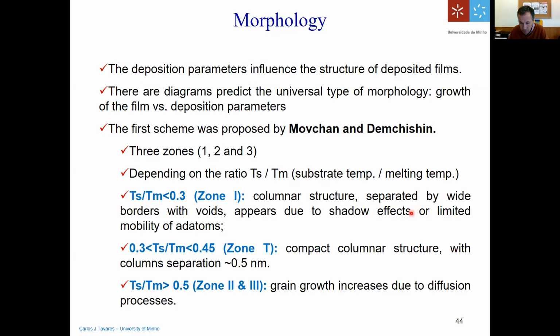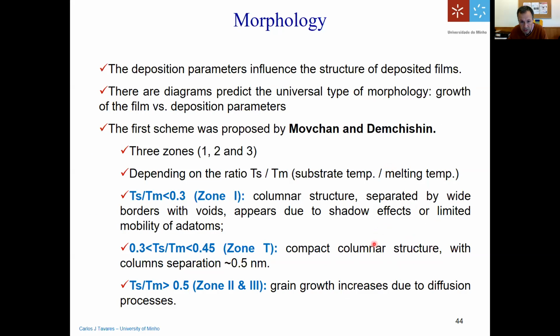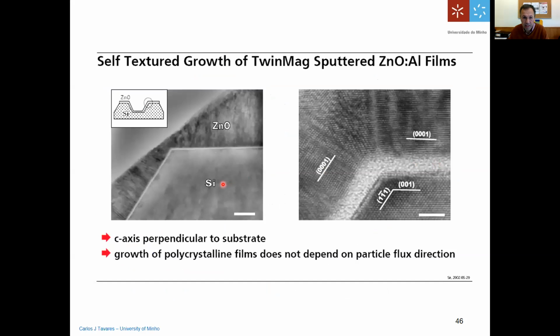On the other hand, if you increase the temperature to very high, getting closer to the melting temperature, then you'll go through zones 2 and 3, and this is the topography that you will expect from the surface of your films. In zones 2 and 3, the grains will increase in size, and instead of columns, you can have very large grains. Okay, and this is an example of sputtering of zinc oxide on a silicon surface.